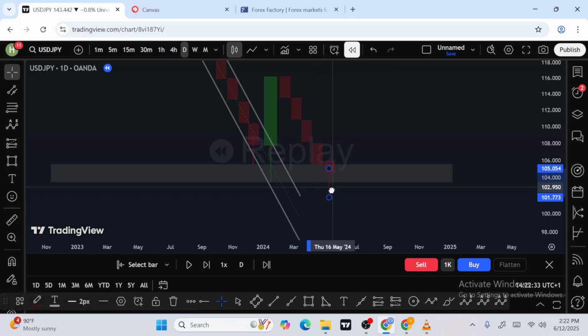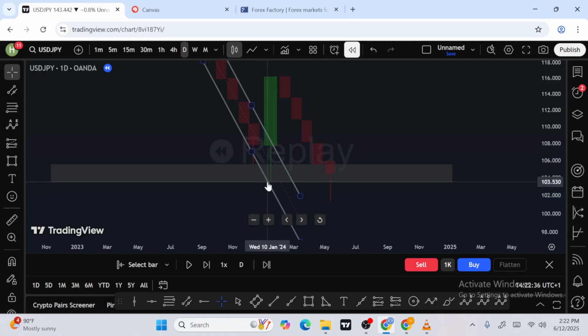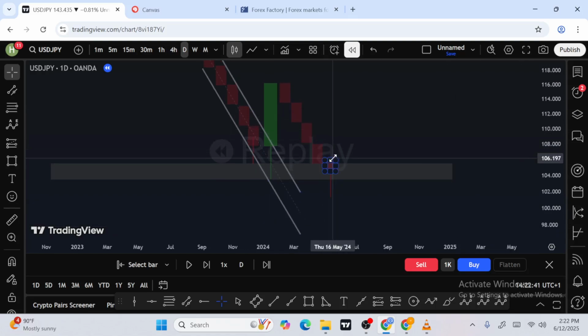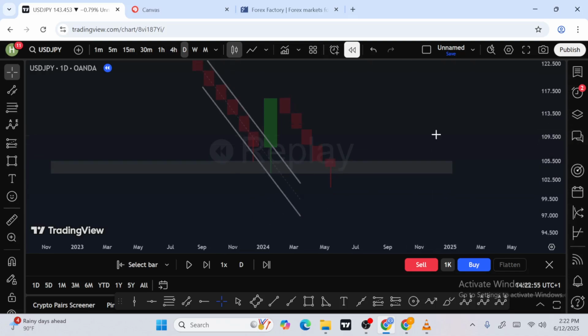And the wick is below this, it is still a divergence. Are you getting it now? That is, the body of this red candle did not close below the liquidity of this candlestick pattern. Are you getting it now? And you can even see it's still in our support zone.